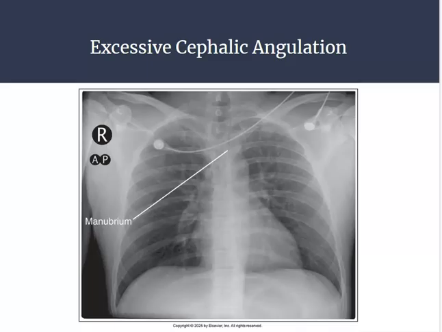Again, this inaccurate angulation will distort the heart and lungs. So it's important to make sure that you have a perpendicular central ray.